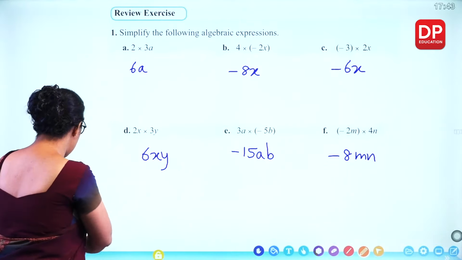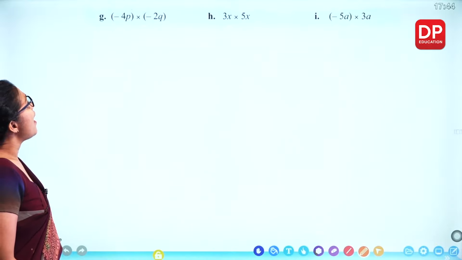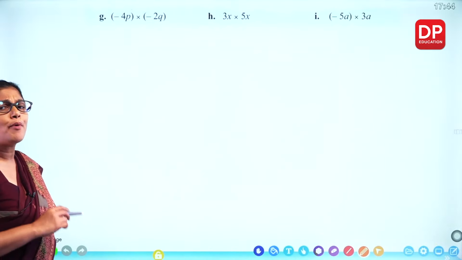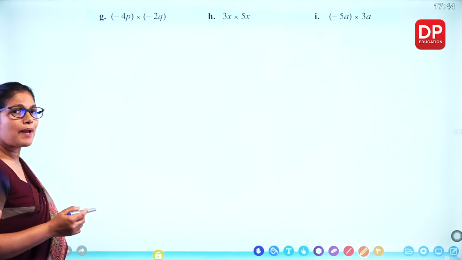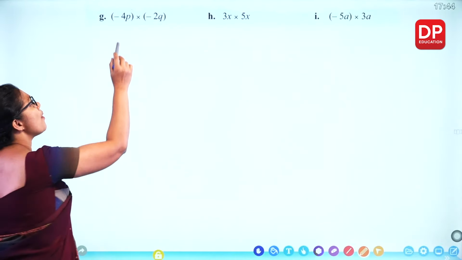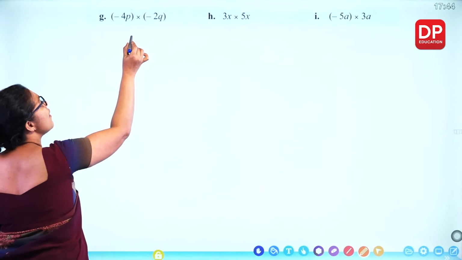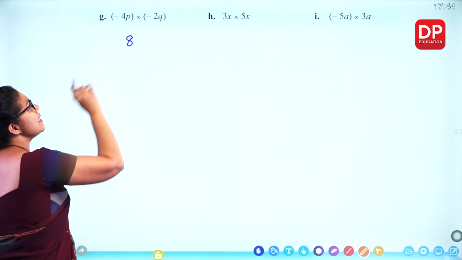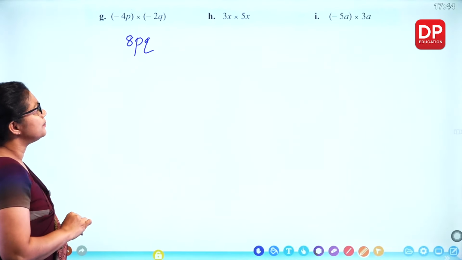Now we look at the second part. In part G, you get both negative numbers. So what happens when you multiply both negatives? You get positive. Minus 4 times minus 2 is a plus value, so you get plus 8, and PQ is the answer.